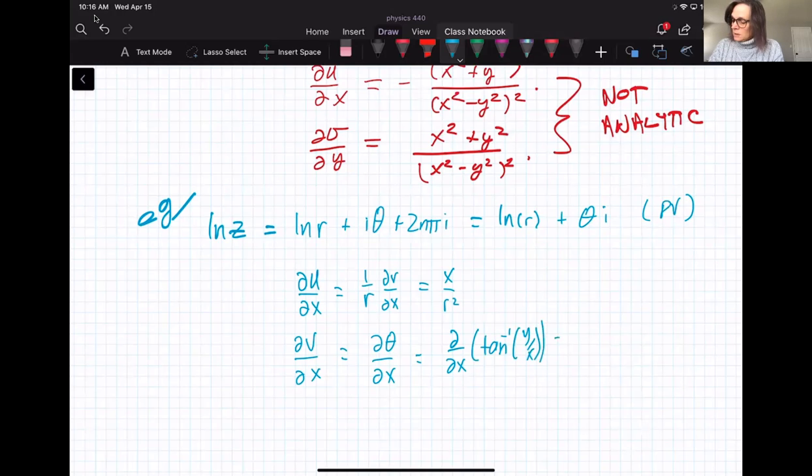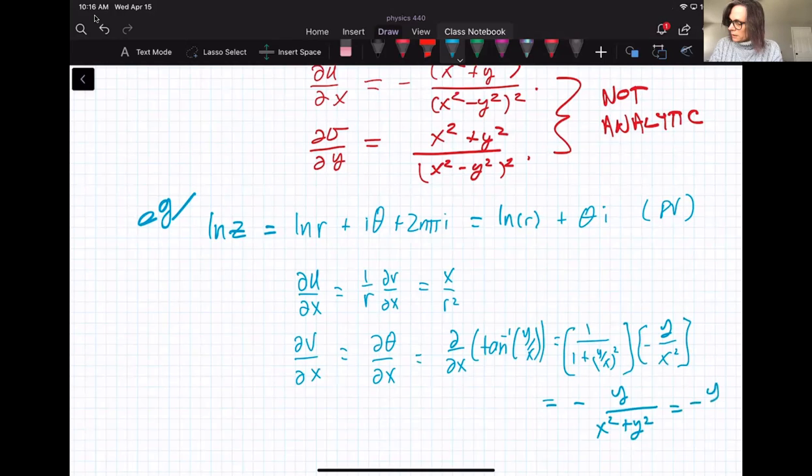If you know that, or you look that up, that's equal to 1 over 1 plus (y over x) squared, times the derivative of y over x, so minus y over x squared, which equals minus y, if you do all of this out, over x squared plus y squared, or minus y over r squared.